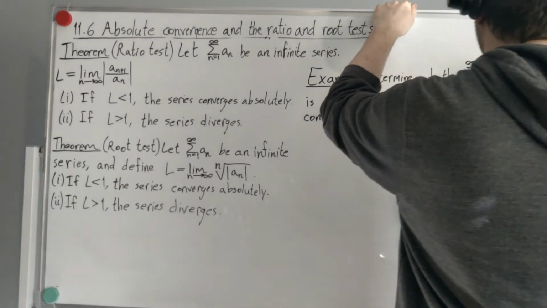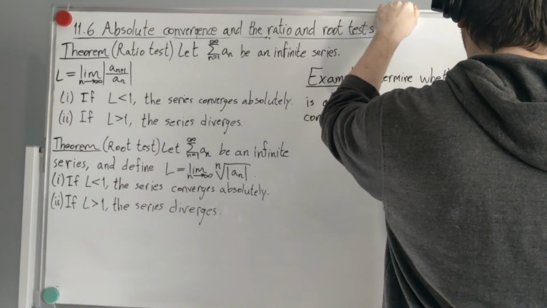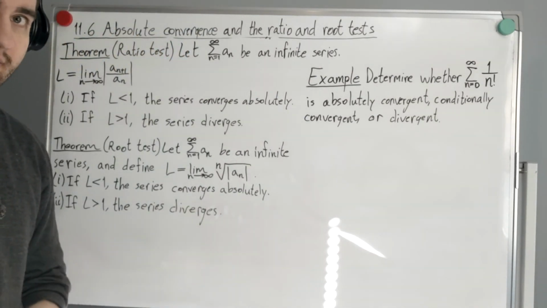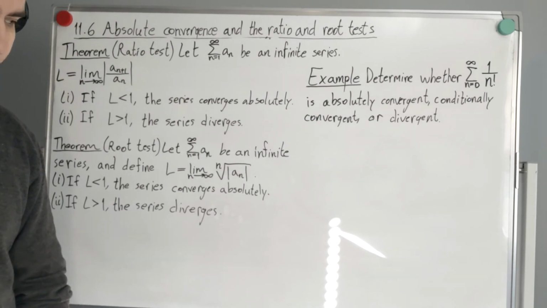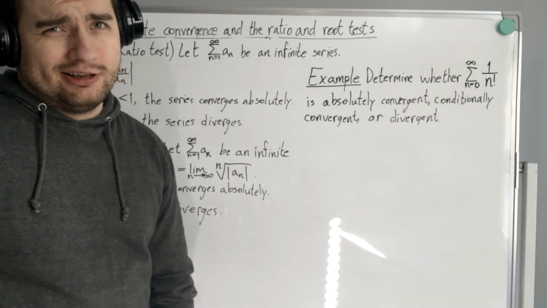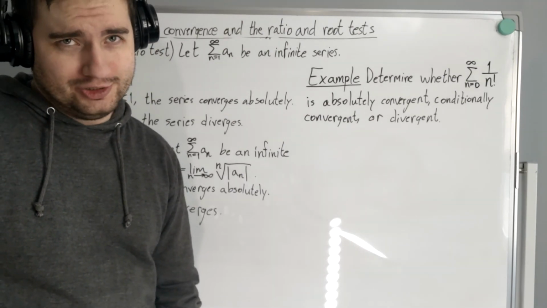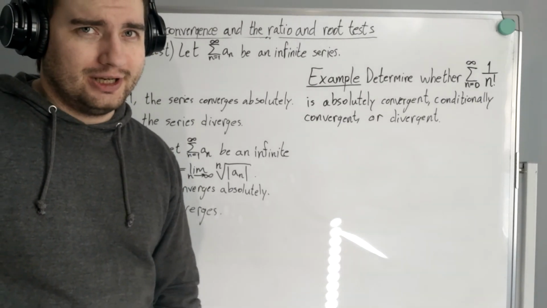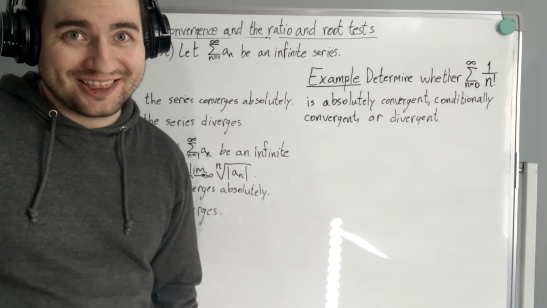I want to look at the sum from n equals 0 to infinity of 1 divided by n factorial. Now, let's think for a second about how you would do that without the ratio test. Well, let's see here. Integral test won't really help you much because in order to take the integral of the factorial function, that won't make much sense unless you know some other math.